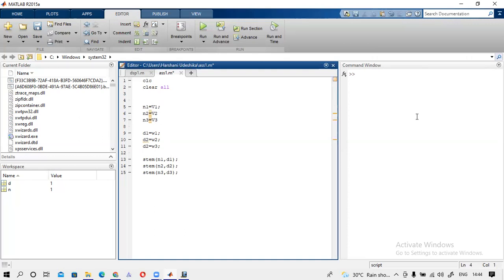You can ask to give the weight and the variable.